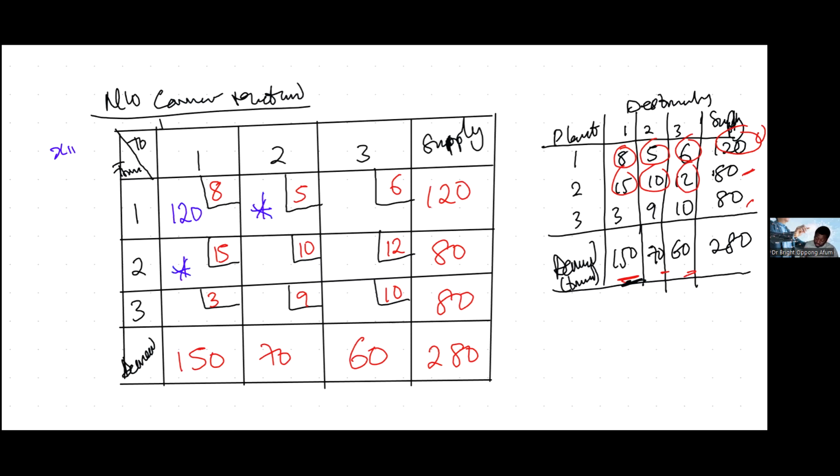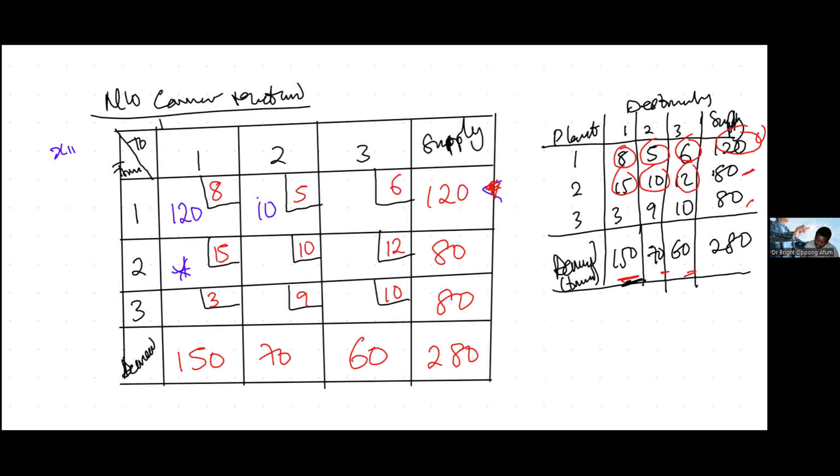When you look at 1,2, there's nothing you can allocate here, because if you allocate any value, let's say 10, then the total on this row will be 130, which is bigger than the 120 that we have here. So we do not satisfy this constraint, and you cannot allocate any value there.